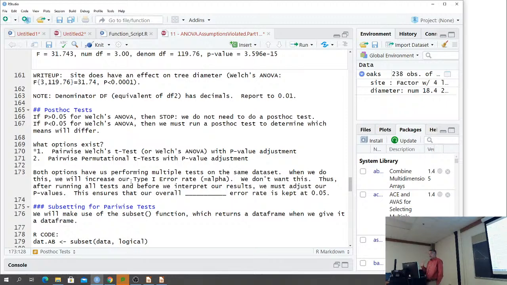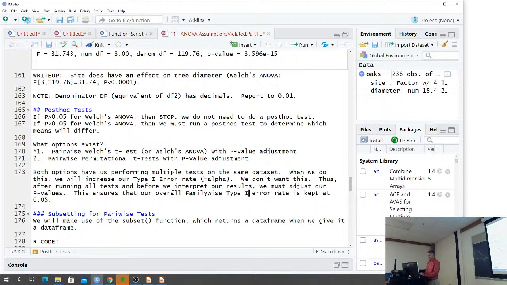So, after we run all our tests, what we have to do is adjust our p-values to get us back to a family-wise error rate of 0.05. So our overall family-wise type 1 error rate is kept at 0.05.